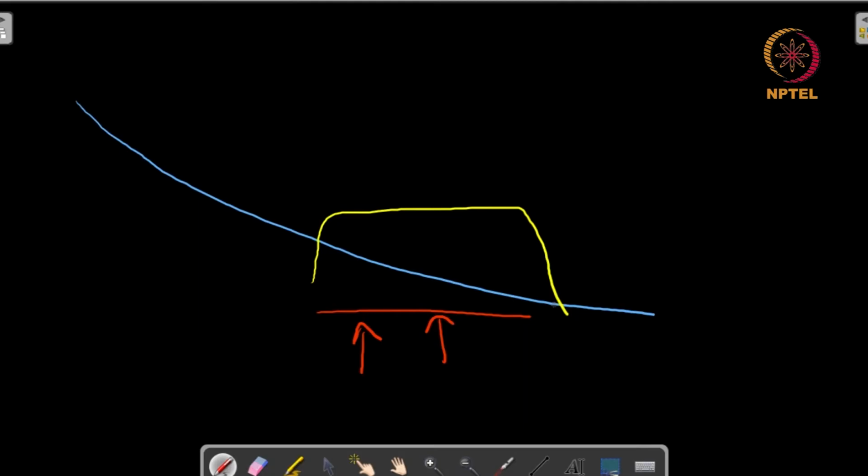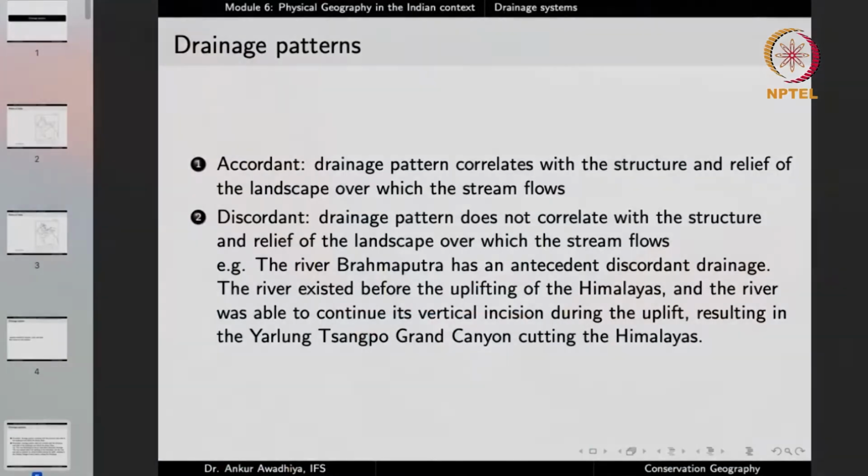So in this case, the landscape will direct the flow of the river. But in certain other cases, especially in the case of very large rivers, when the landscape is moving upwards, they carry on their erosion. They are able to erode at such a high intensity that while the landscape is moving up, they continuously erode the area and create a very deep valley, typically V-shaped, but in certain cases also an I-shaped valley.